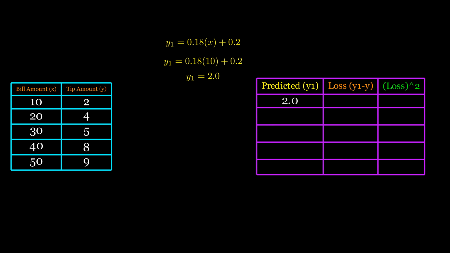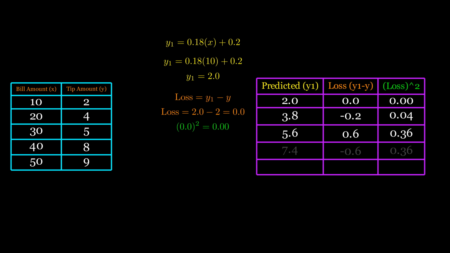To determine the accuracy of this prediction, we calculate the loss, which is the difference between the predicted value and the actual value, y1 minus y. We then square this loss to eliminate negative signs and ensure all loss values are positive. After repeating this process for every data point, we find that the final sum of all squared loss values is 0.80.